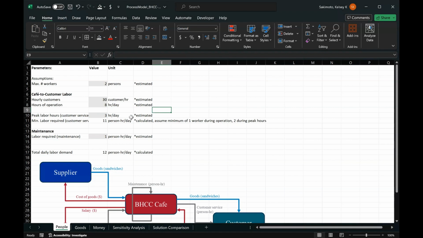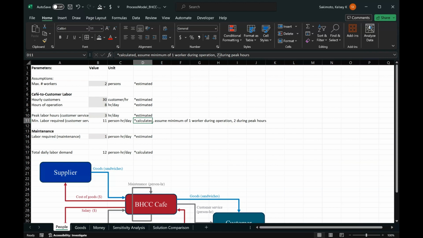So in this particular model, I'm going to say that there's a peak number of labor hours. There's a high point, maybe around lunch, when a lot of people are coming through the cafe, in which we need all checkout stations manned. We need two people working. So in this equation, I've assumed that on off hours, so not peak hours, 5 out of the 8 hours, I only need one worker.